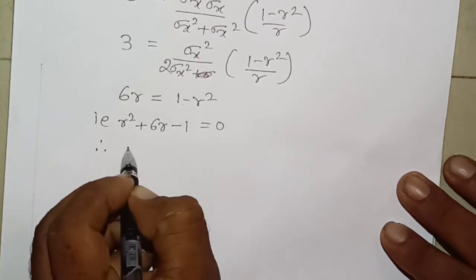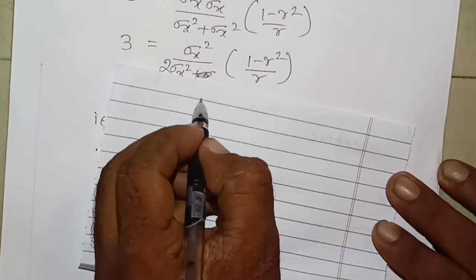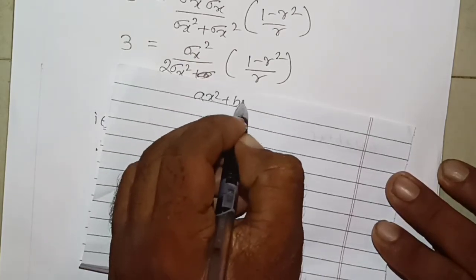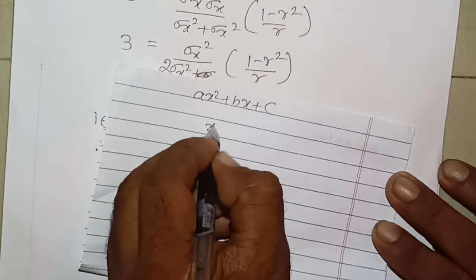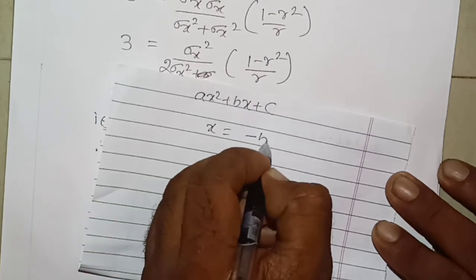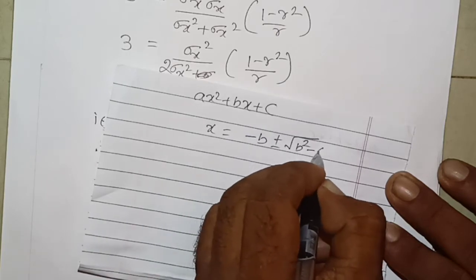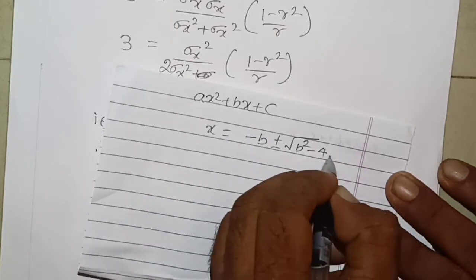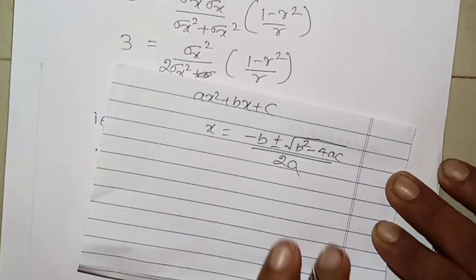Therefore, to find r, we can apply the quadratic equation ax square plus bx plus c. So to find x, it is minus b plus or minus square root of b square minus 4ac divided by 2a, standard formula, you know that.